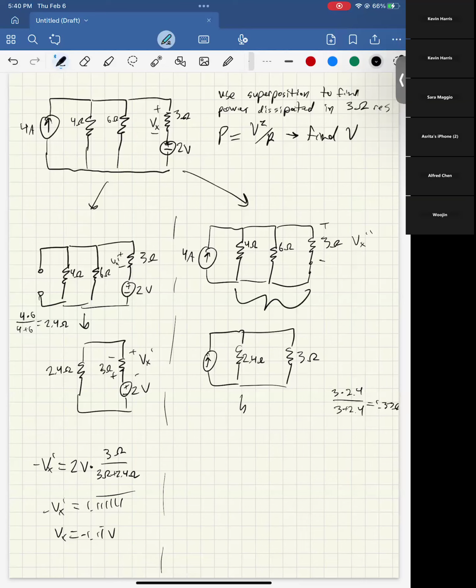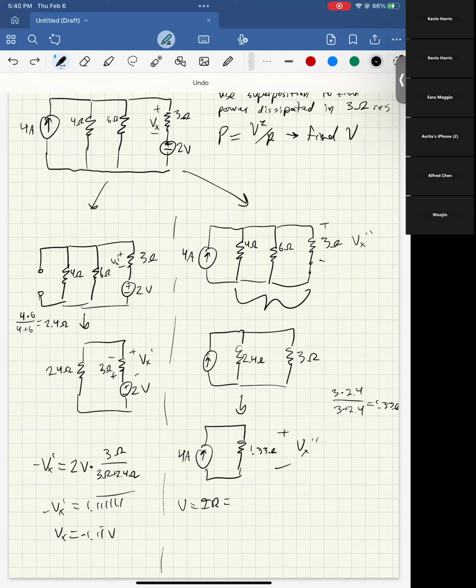So we end up getting that 4 amps and 1.33 ohms, and this is still our Vx prime prime. And then V equals IR. So we have 4 times 1.33, which gets us 5.33.